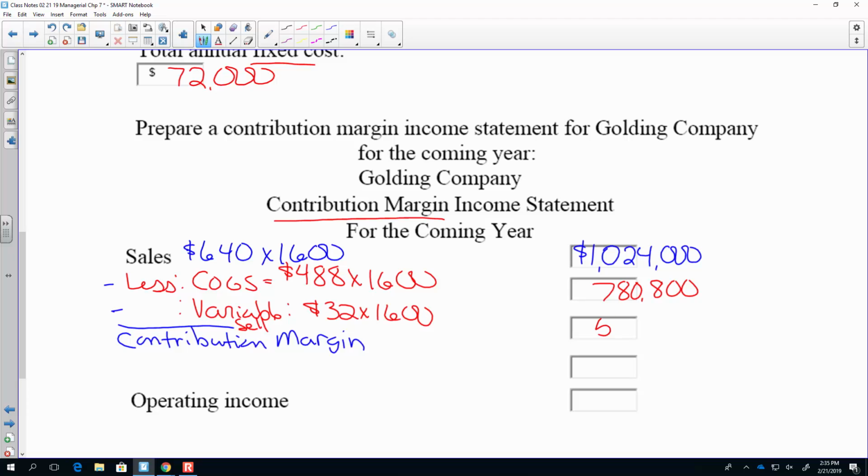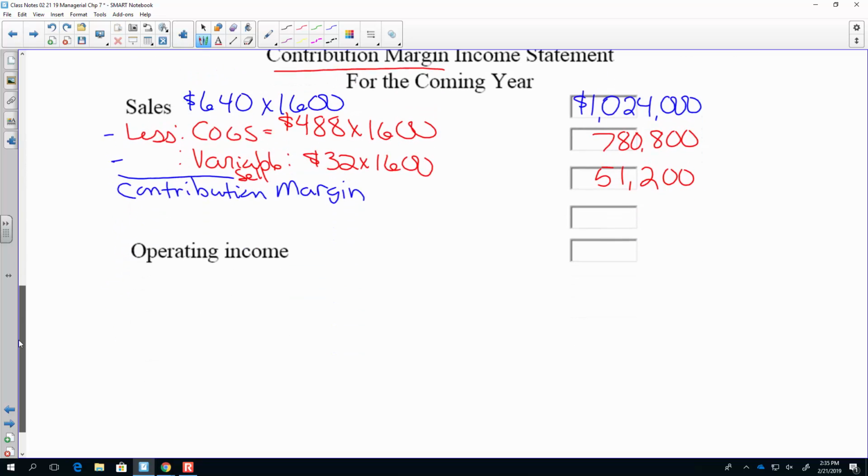And then our variable selling or commission, $51,200. I'm going to put a bar here or an underline, make it look nice. Every subtotal should have an underline above it.